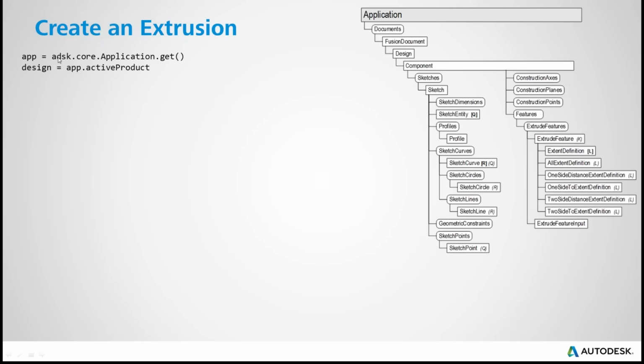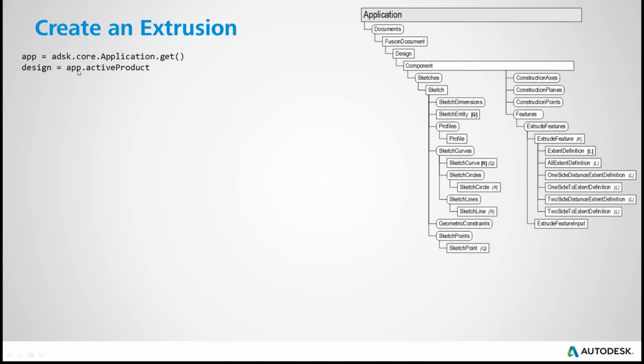We have a namespace called ADSK, and it's divided up into two pieces, core and Fusion. Core has a lot of generic functionality, and Fusion, of course, has the Fusion specific functionality. Then there's the application object, and I'm calling a static function on it to get it. So now in the app variable, I have a reference to this top level application object. Now we're hooked into this object model.